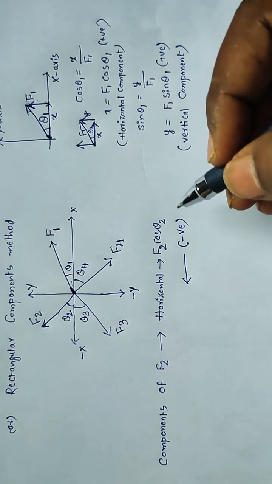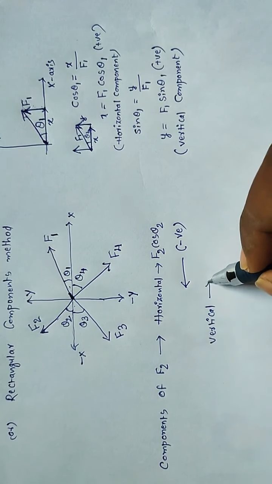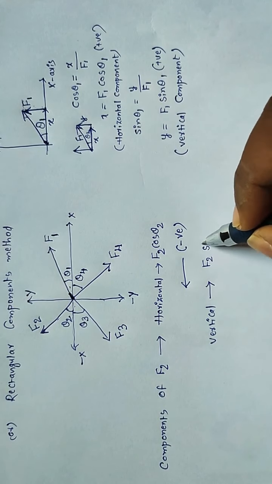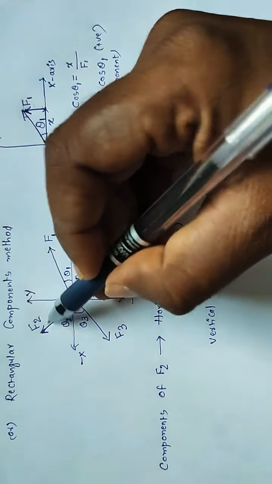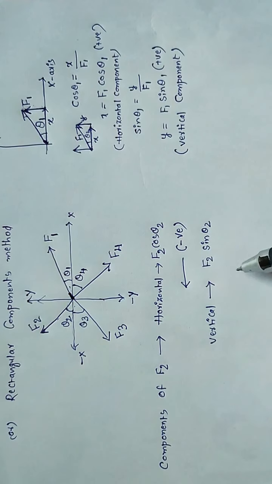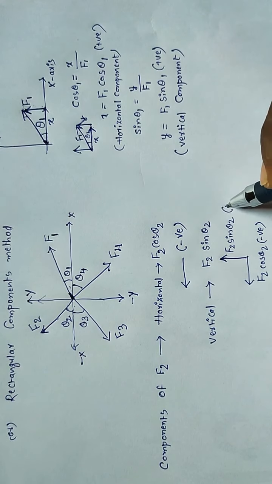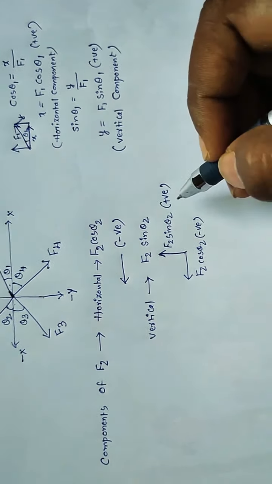The vertical component of F2 is F2 sin theta 2. So F2 cos theta 2 is negative, but F2 sin theta 2 acts in the positive y direction, so this value is positive.